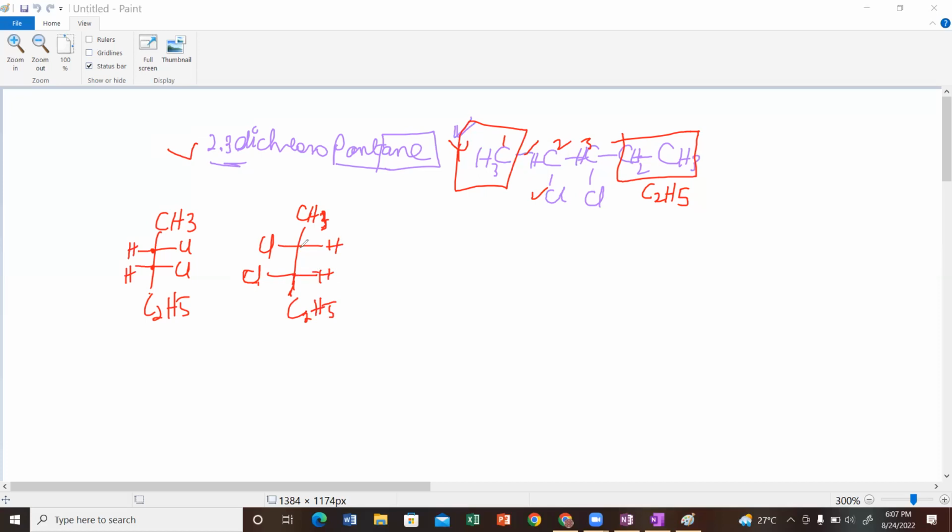So here we also have carbon number 1, 2, 3, 4, and 5. If we look at structures A and B, these two structures are mirror images. If we keep a plane, that is a mirror, over here, structures A and B seem to be mirror images.